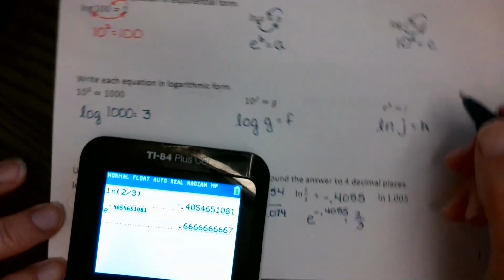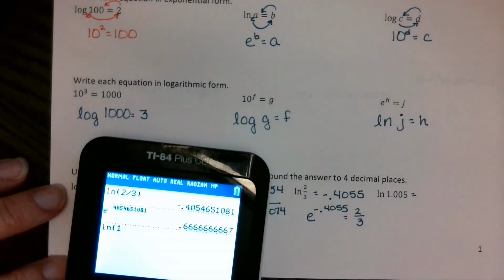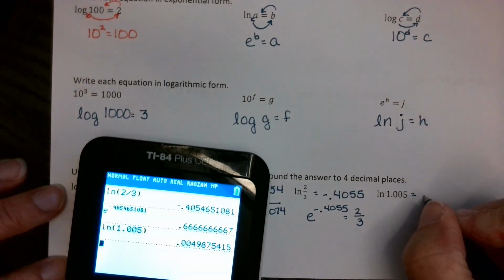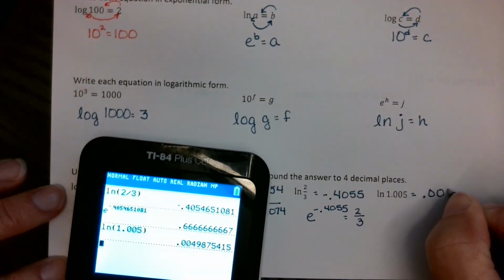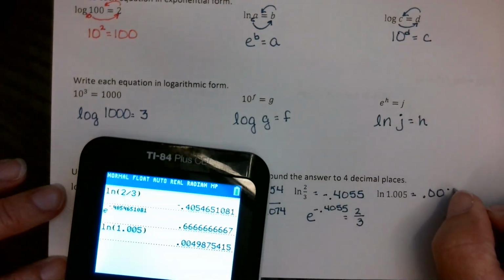All right, this last one, natural log of 1.005 gives us 0.00, and now this is a 498. So this 8's going to round that 49 up to 50.